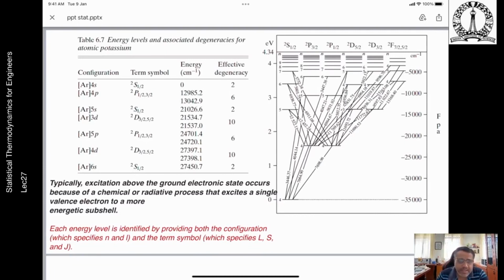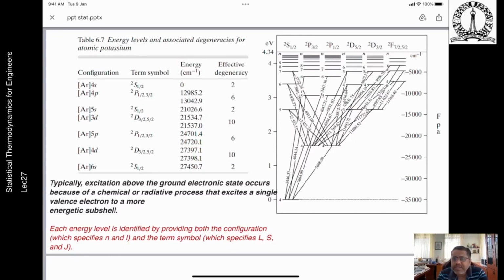Similarly, when you look at the other configurations, these are the electronic energy levels of potassium, the level diagram. Each energy level is provided by both the configuration, which is N and L, and the term symbols, which provide L, S, and J. That's why you have a doublet state here with a degeneracy of 6.